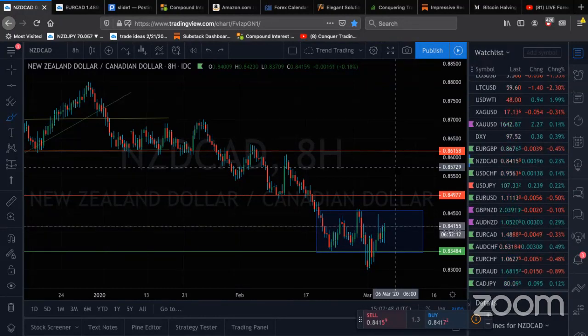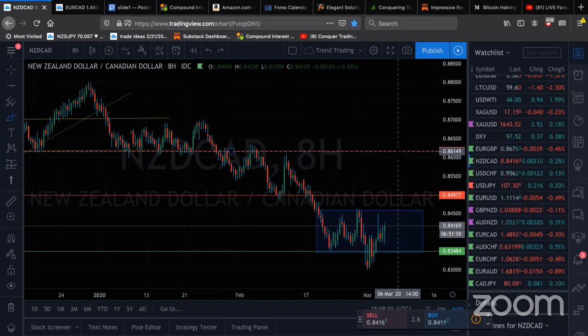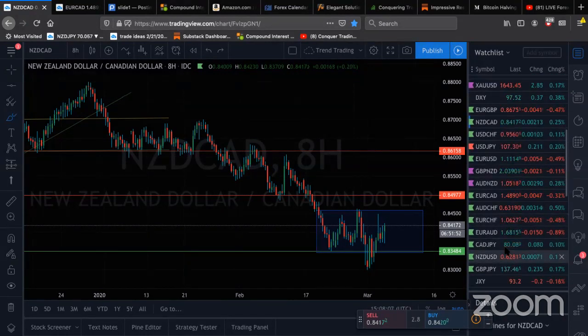We know today the Australian dollar is the strongest, right? We know that we're seeing the euro weak today. We know that we're seeing the Japanese yen and the Swiss franc consolidating, meaning they're basically moving sideways. They're not giving up their gains.